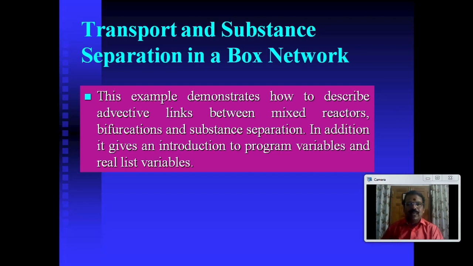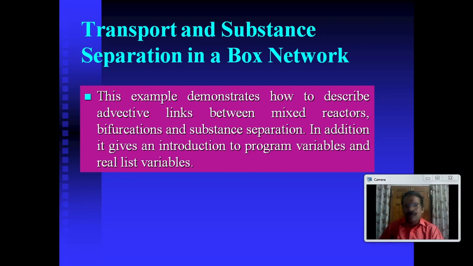So I will explain the significance of a mathematical modeling concept, to teach you how A and B react to form C in an industrial operation using the concept of tank reactors and additive links. Links are nothing but the connection so that the substrate can be moved from one tank to another one. So transport and substance separation in a box network can be explained like that.